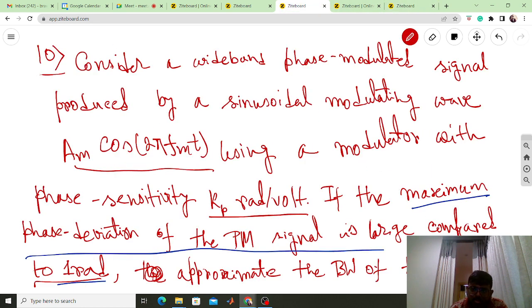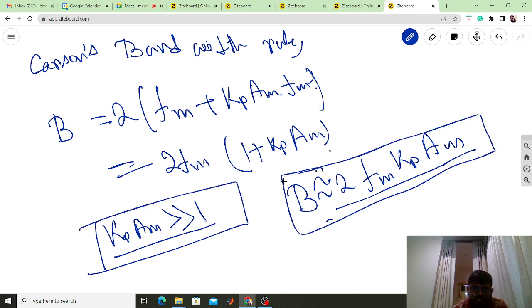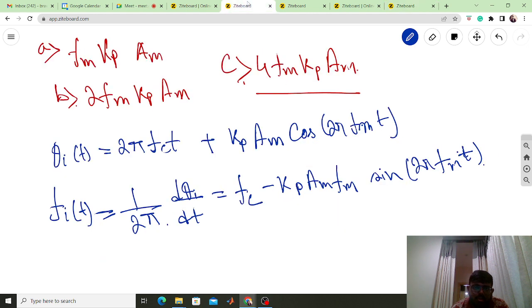Due to this condition that it is large compared to 1 radian, we are writing this condition, and the bandwidth will be this. So the right option is B.